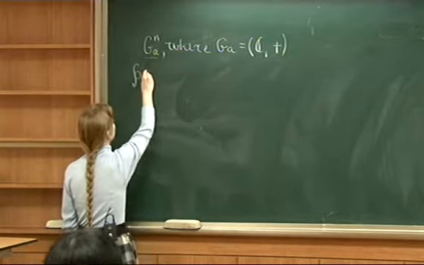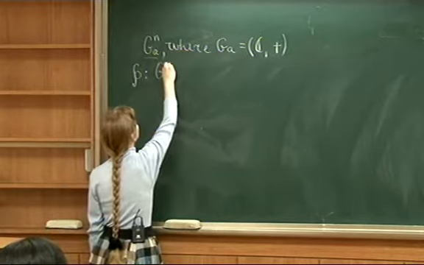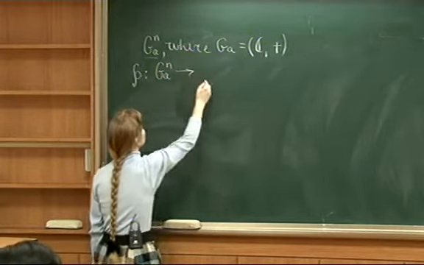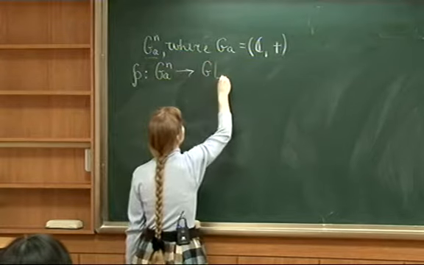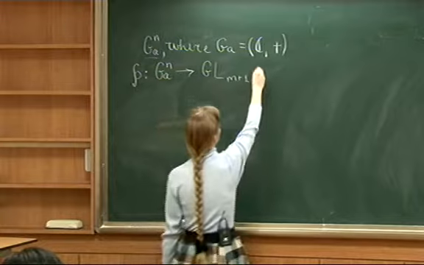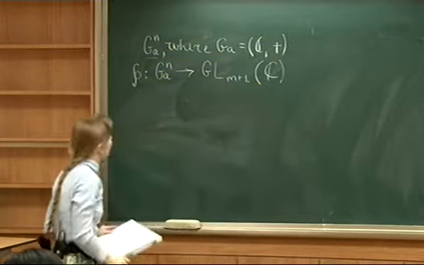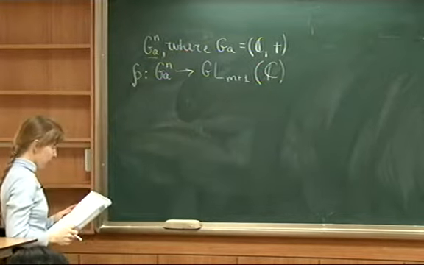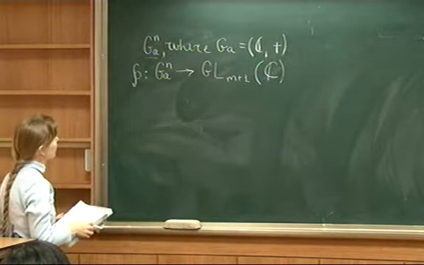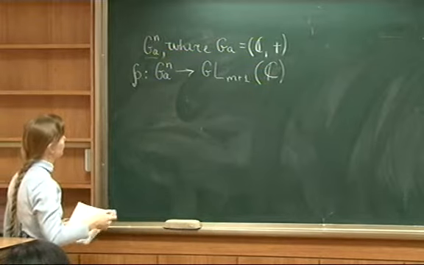Let us have some linear representation of the group G_a^n in n+1 dimensional complex space. We will consider the representations which are non-degenerate in some sense.